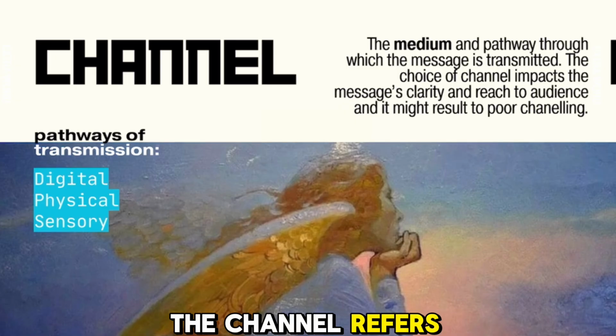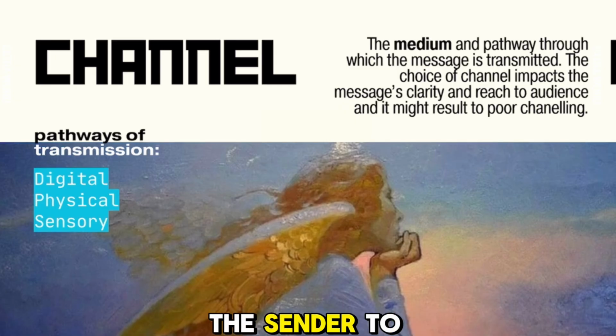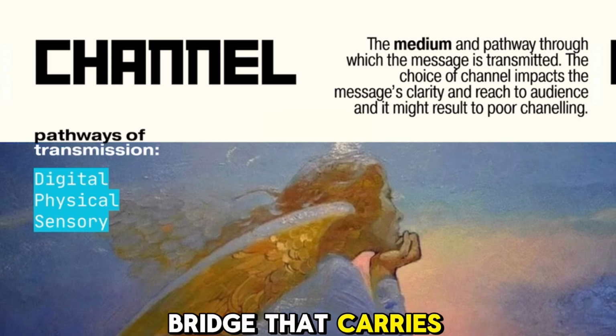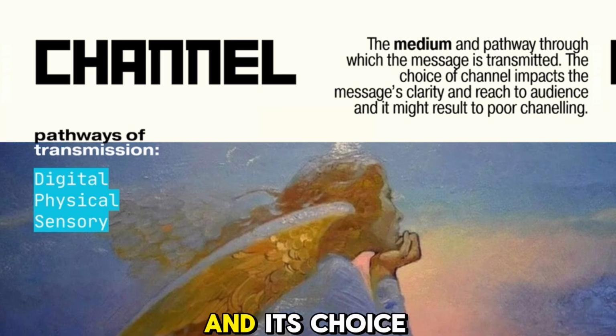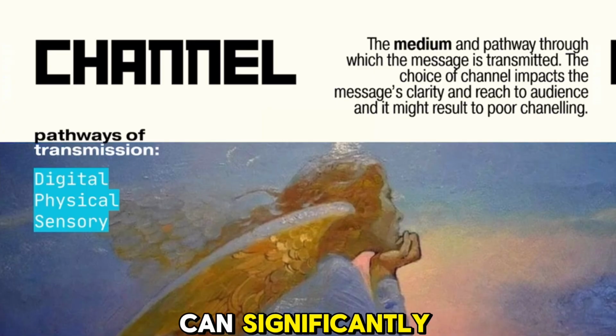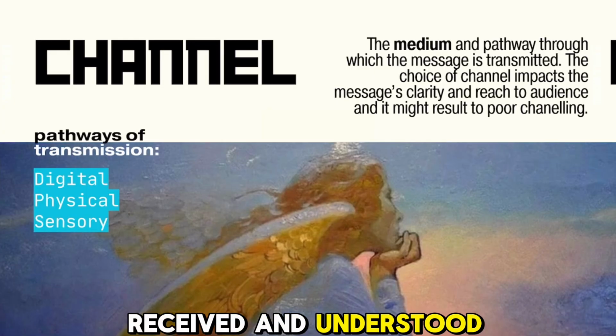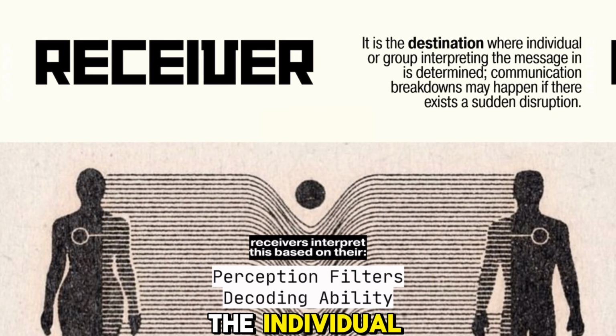The channel refers to the medium or pathway used to transmit the message from the sender to the receiver. It is the bridge that carries the encoded message, and its choice can significantly impact how effectively the message is received and understood. The receiver is the individual, group, or entity that intercepts, decodes, and interprets the message sent by the sender.